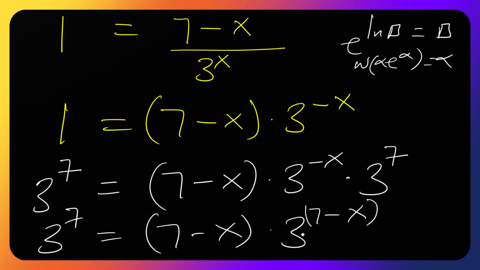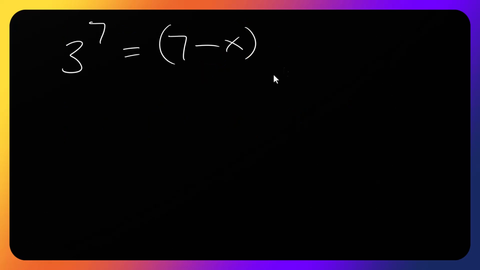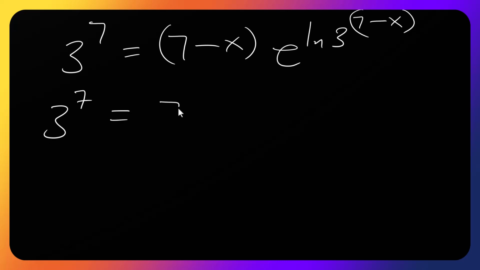Instead of writing 3 to the power 7 minus x, I'll make it e raised to ln of 3, then we have 7 minus x. Remember, in going back, this will still give us 3 to the power 7 minus x.